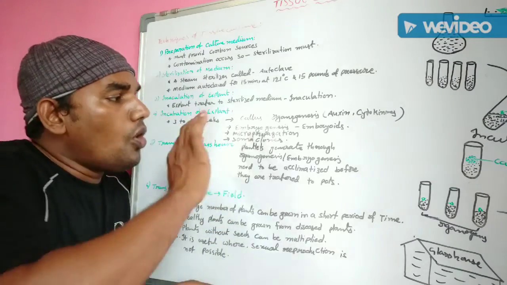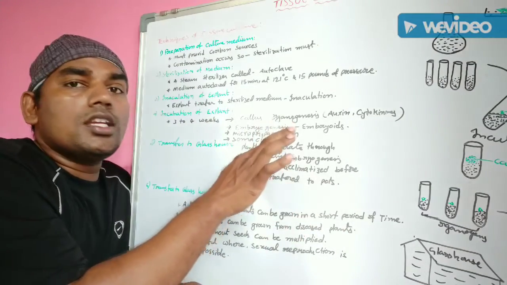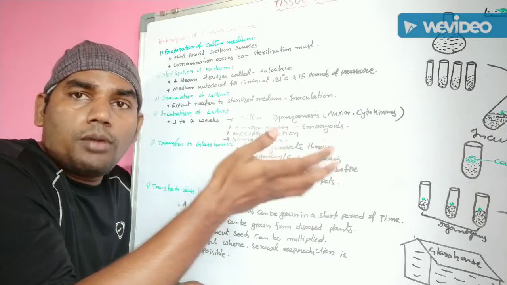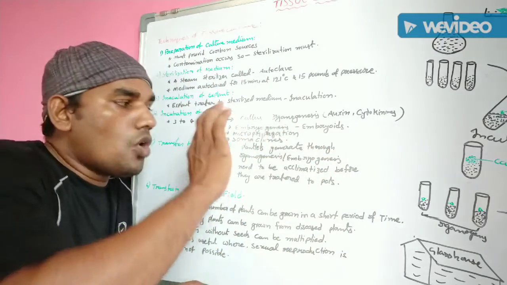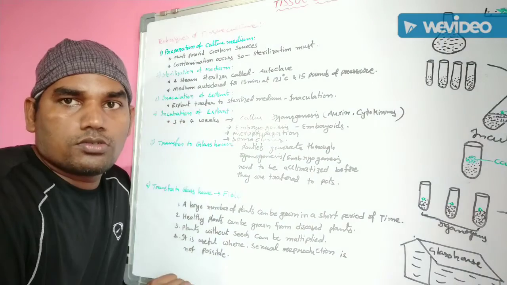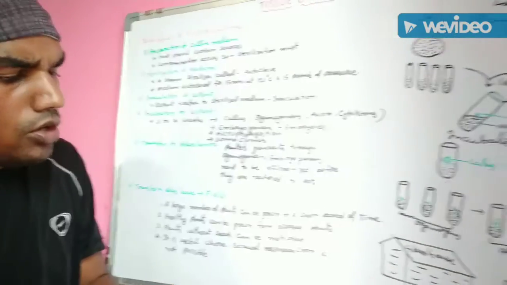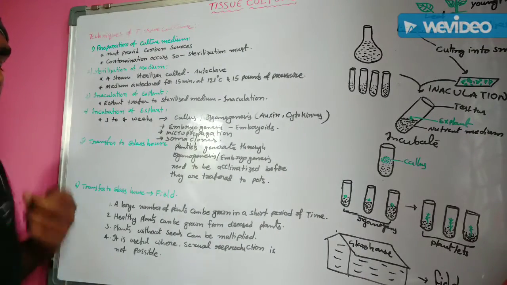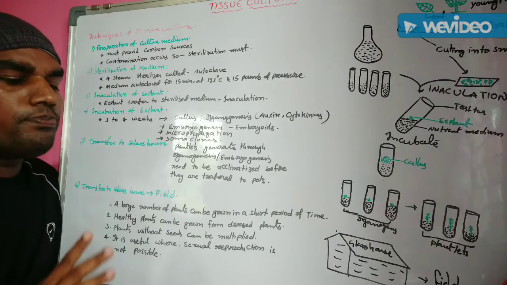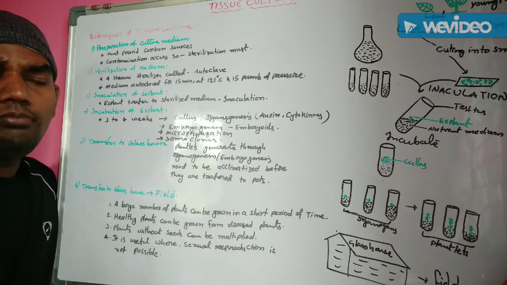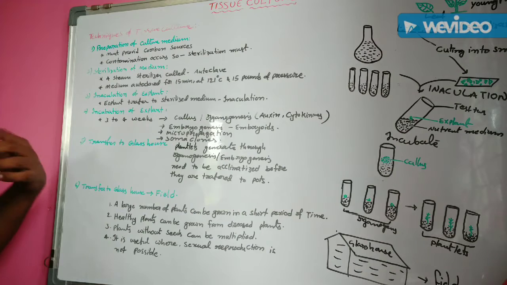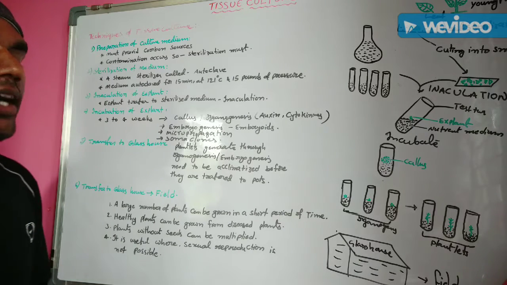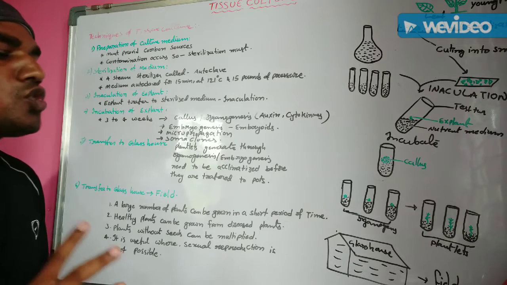All these plants formed by micropropagation are known as somaclones. Understand? Somaclones means all the plants are developed from the same part of the plant, and these are all genetically identical. So these are called somaclones.